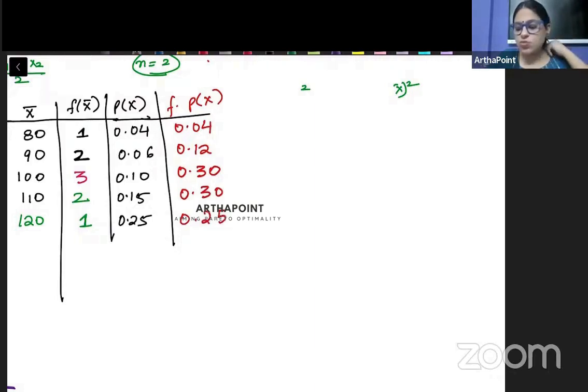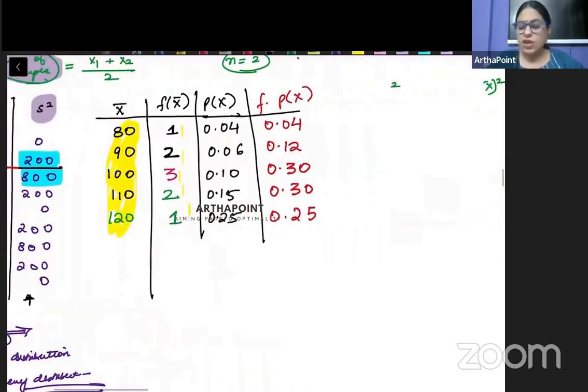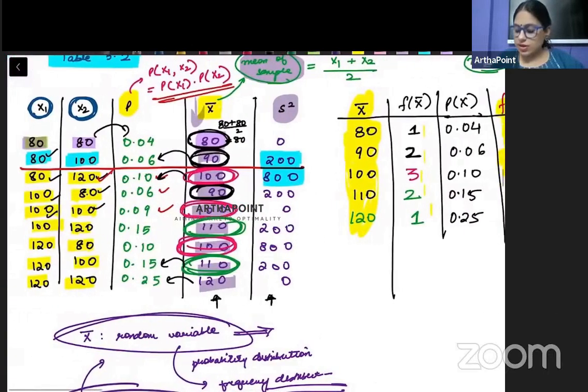Right? This is what you will be getting. Now you are going to look into these. So 3, 4, 5, 6, 7, 8, and 9. And we had 10 observations, right? We had 9 only. Okay. So what you will be doing now is picking up these x bars and looking into these probabilities, and writing it here.